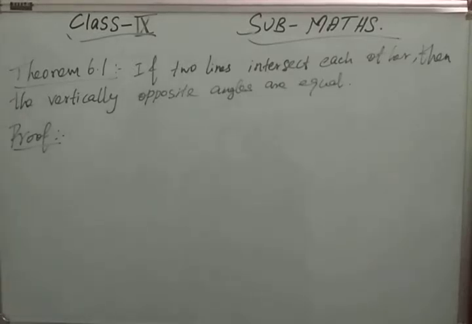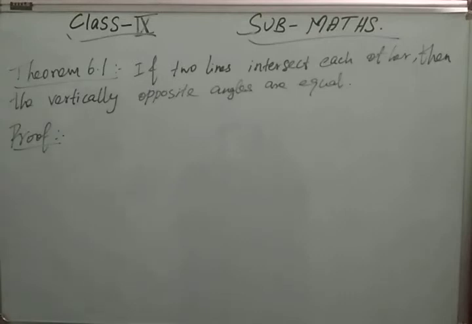Now, we have already seen what angles are, what we have learned, and we have revised. Now we are going to start our chapter, Theorem 6.1. Chapters 6, 7, 8 and 10 are based on theorems.